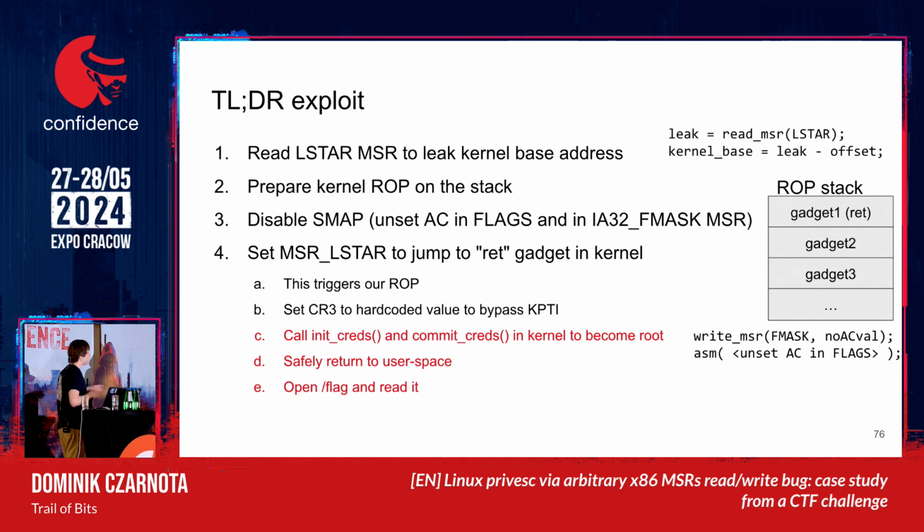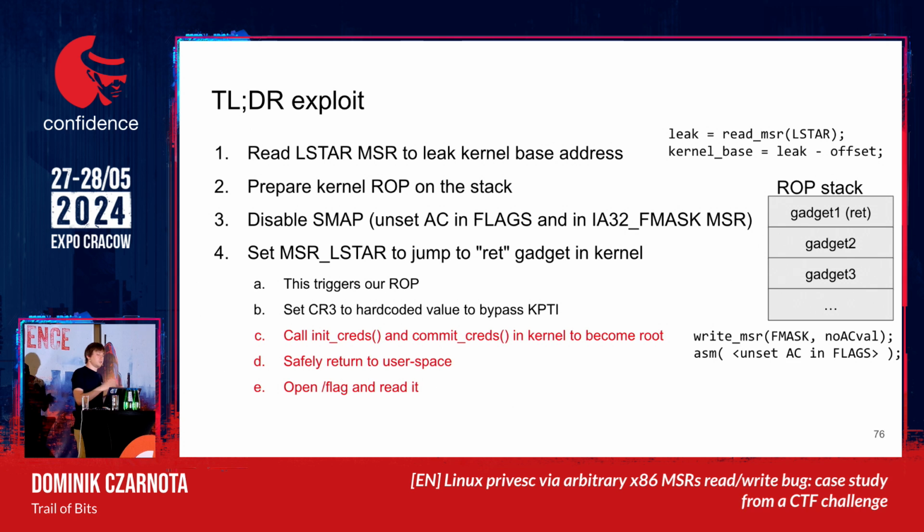Then there is a bit of a problem, because we need to safely return to user space, right? Because we are in the kernel space. After we became root, we want to read a file from the file system. We could do it from kernel space, but that would not be easy. It's easier to safely return to user space and then read this file. This is a bit problematic, because since we set CR3, we now need to set it back to the previous value, otherwise this returning won't work.